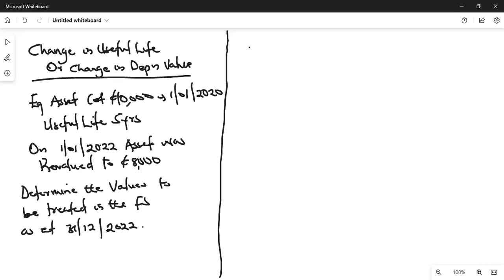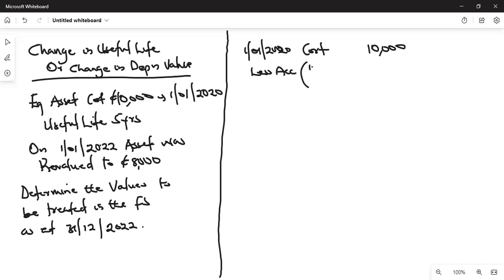First and foremost, we have to determine the current amount of the asset. It was acquired on 1st January 2020. From 1st January 2020 to 31st December 2021, that's 2 years. So we determine accumulated depreciation.